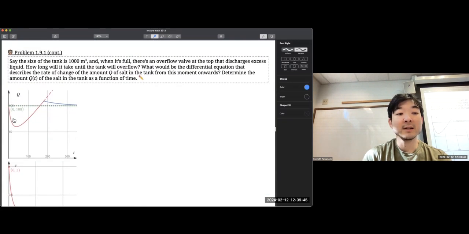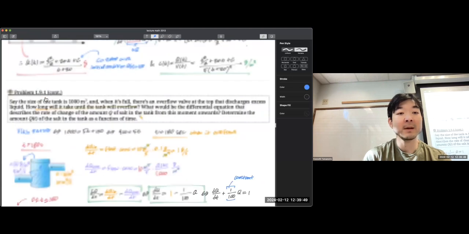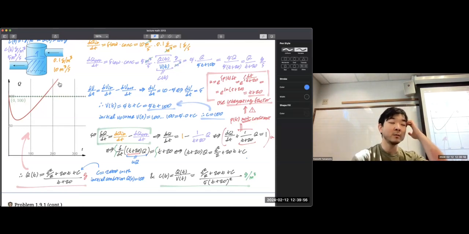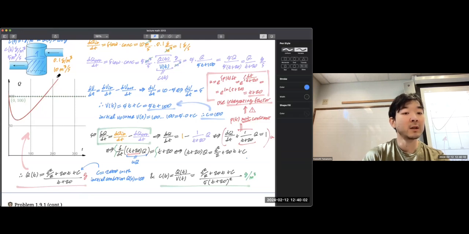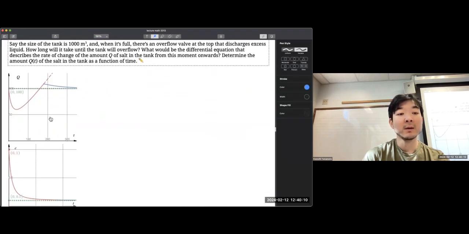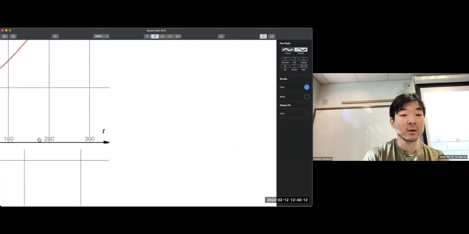And so the solution is going to look like this, where this red graph is the same as this one. This one is assuming that you have an infinitely large tank, where you're just pumping in more and more diluted liquid, but basically the diluted liquid carries some amount of salt. So your salt is always going to grow up forever. But let's say at 180 seconds, it's not going to hold any more liquid. That's why you see a break in the graph. This is actually 200 right here.